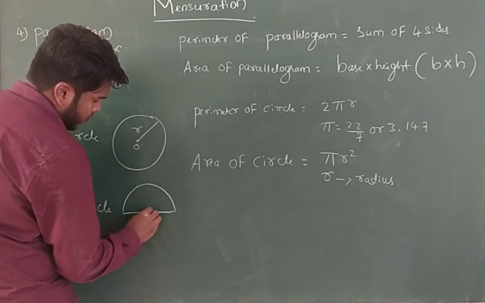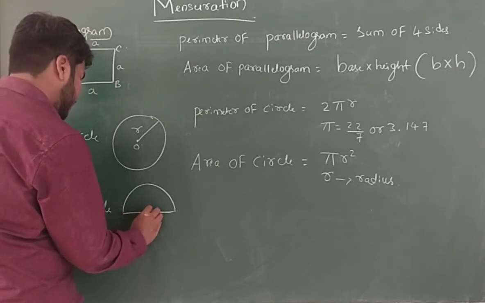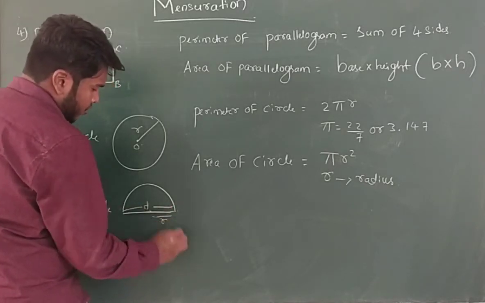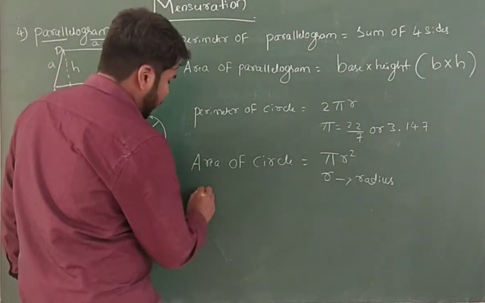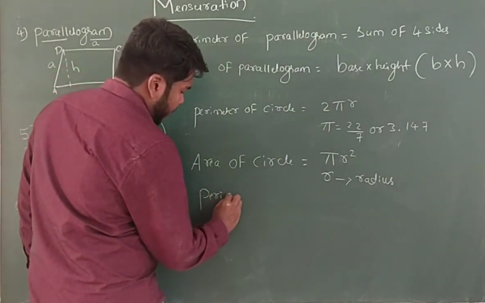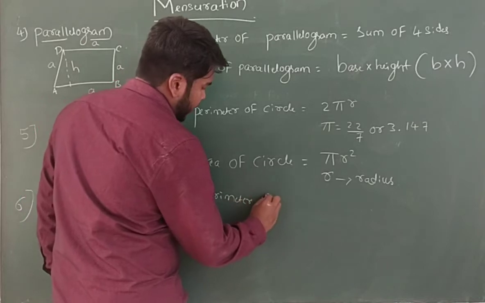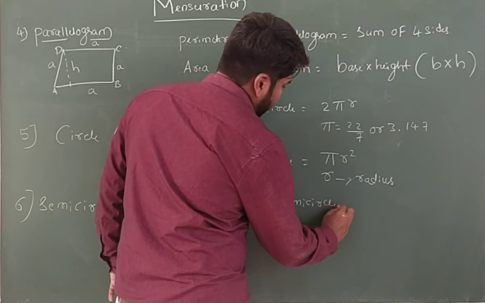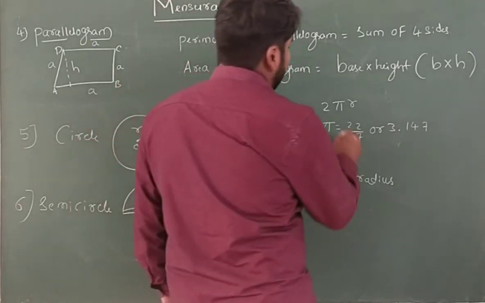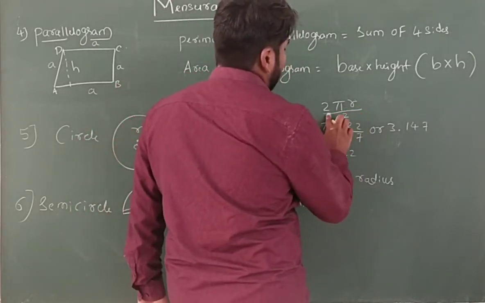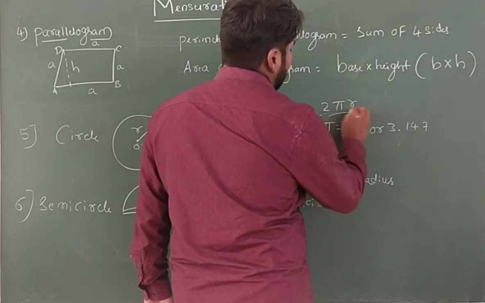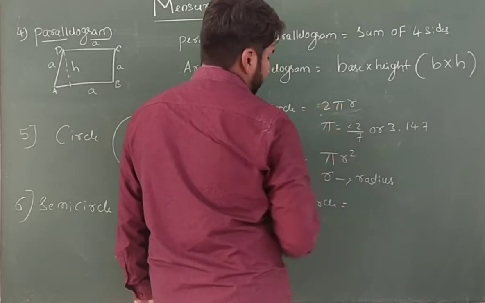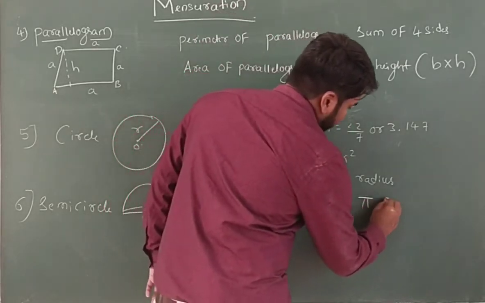So this is a semicircle, this is D, and this is R. So perimeter of semicircle, you can write as, just divide by 2 this one. 2 gets cancelled, so you will get perimeter of semicircle as pi r.